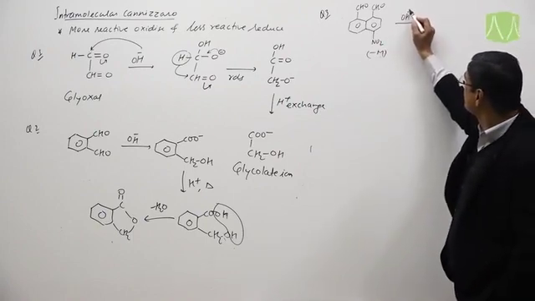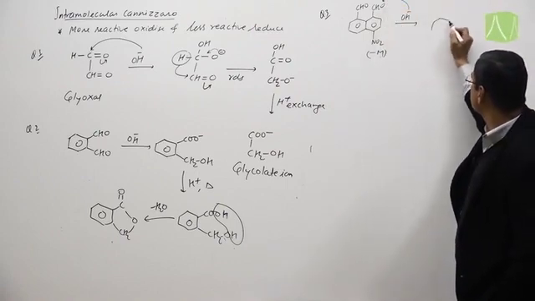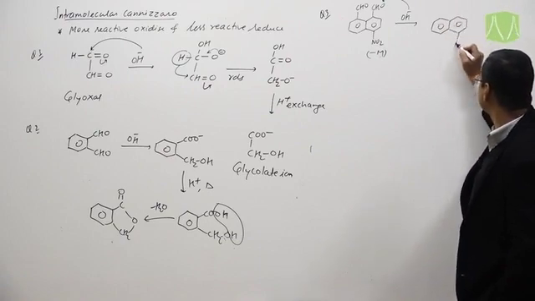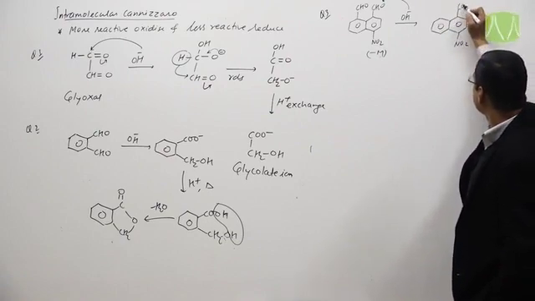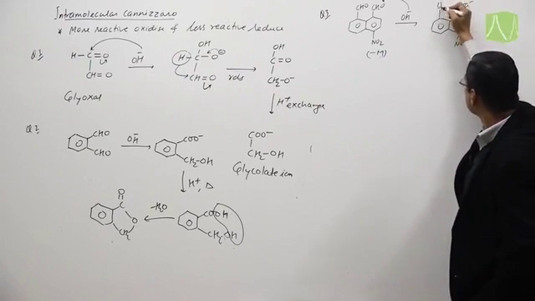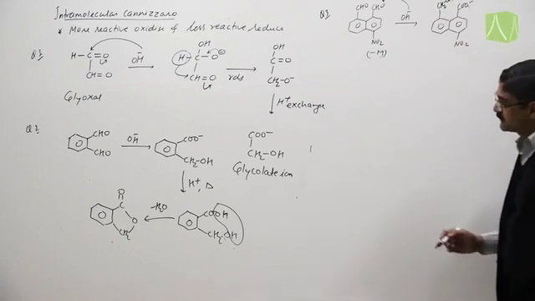Then the more reactive aldehyde is oxidized and the less reactive is reduced. So the final product is like this. This is converted into acid and this is converted into alcohol. So this is the final product.